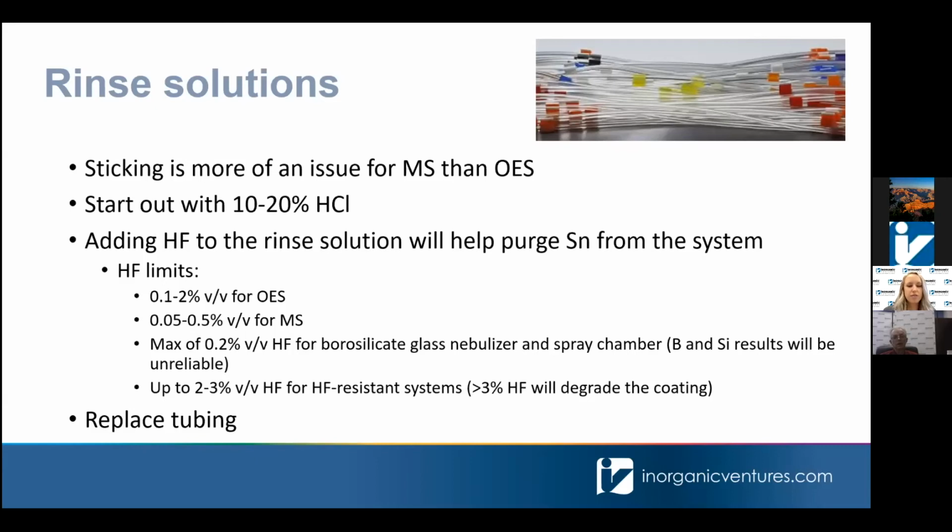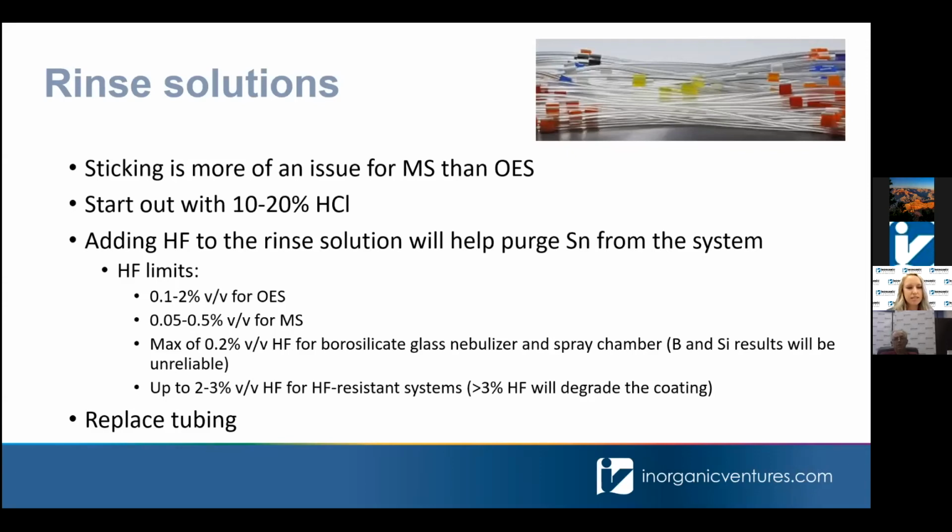If you do have an HF resistant system, we still don't recommend going over about 3% HF, because anything over 3% is going to start to degrade that coating. So you want to be really careful about that, even though it is technically HF resistant. Higher amounts of HF can still cause issues.